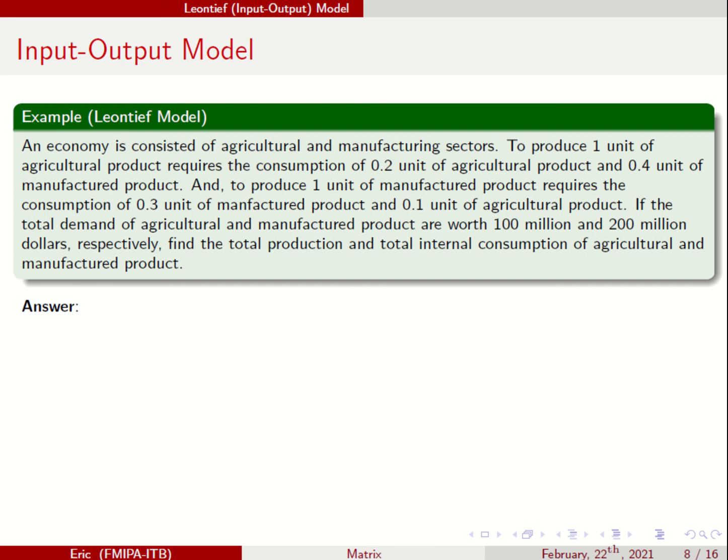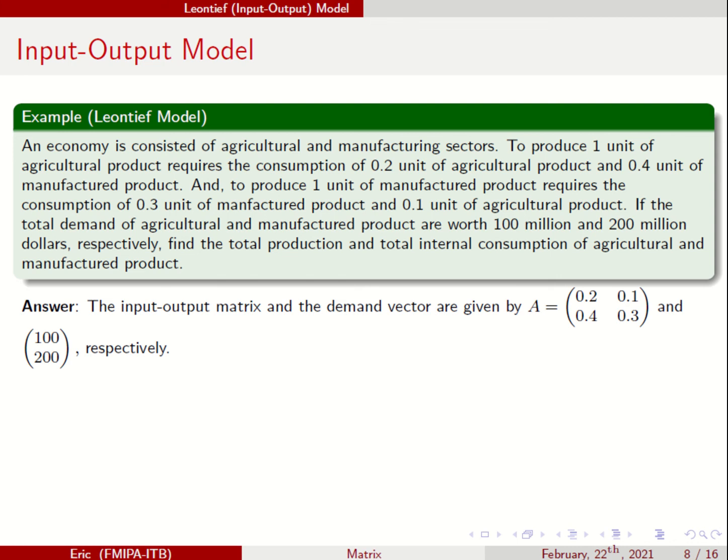An economy consists of agriculture and manufacturing sectors. To produce this, you need the consumption of this and this. And to produce 1 unit of manufactured products, it requires the consumption of this and this. If the total demand of agriculture is this, of manufactured product is this, find the total production and the total internal consumption.